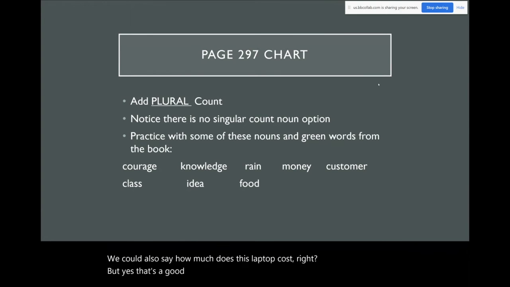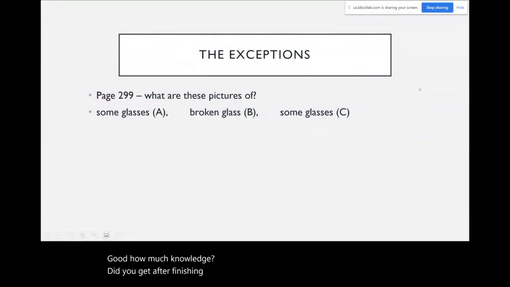So you used much in a question. That's a good way to use it. Okay, do you have another example? How much knowledge do you gain after finishing this class? Good. I like it.